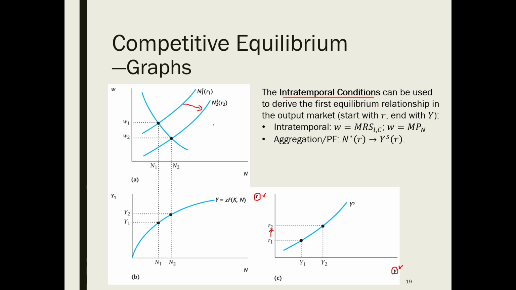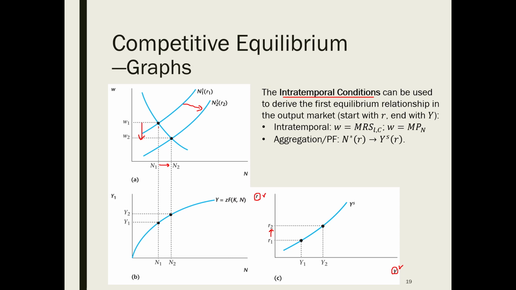If you forgot, please go back to slide 11 to revise. The equilibrium employment in the labor market will rise from N1 to N2, and the wage drops from W1 to W2. Recall that when we analyze the individuals, consumers and firms are all price takers, so wage is treated as given.